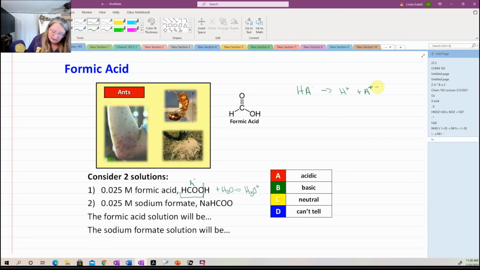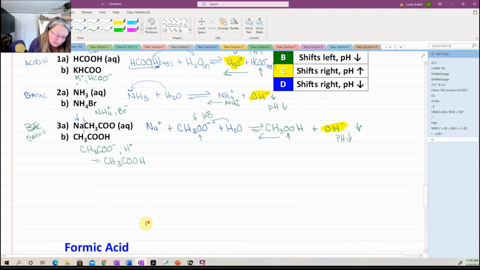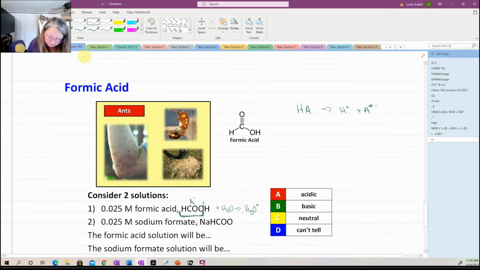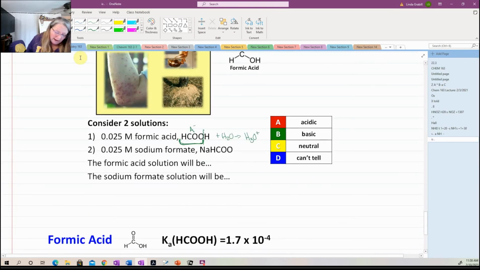So that A minus can be anything. That can be this conjugate base. It could be some of the other conjugate bases that we've made. It's actually the same conjugate base. So if I add formic acid, I am going to make the solution more acidic.